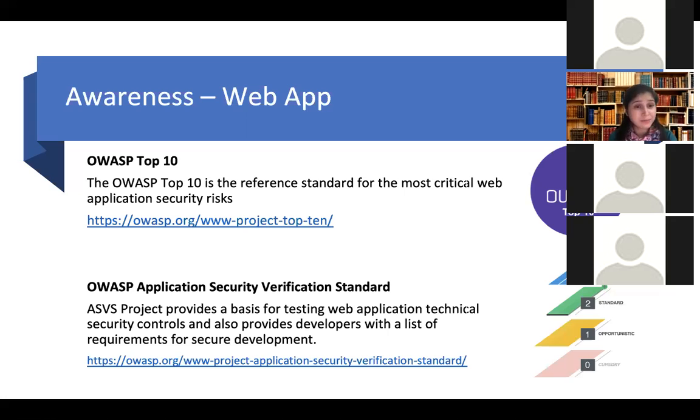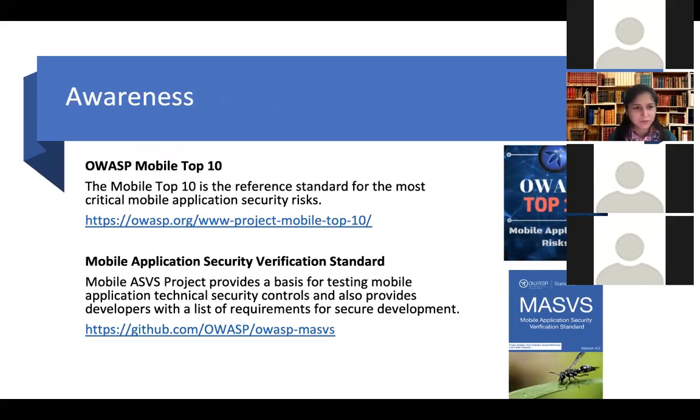There's already an Application Security Verification Standard available, and it has different levels from cursory to advanced. If it's a financial organization, you can pick the advanced option and start working on it, and you will see the test cases, the things that you should be testing against an application. And I was like, okay. This project is so active, so helpful.